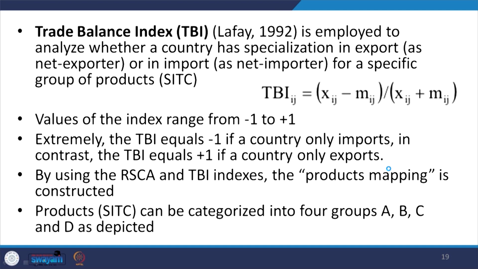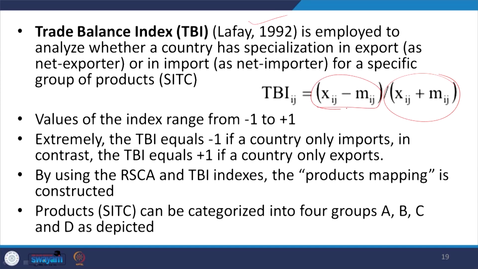Now, to check it carefully, we are supposed to discuss the revealed systematic comparative advantage approach. Similarly, the trade balance index, TBI, as Lafay presented in a paper in 1992, is largely a normalization: net trade relative to total trade, the gross trade.